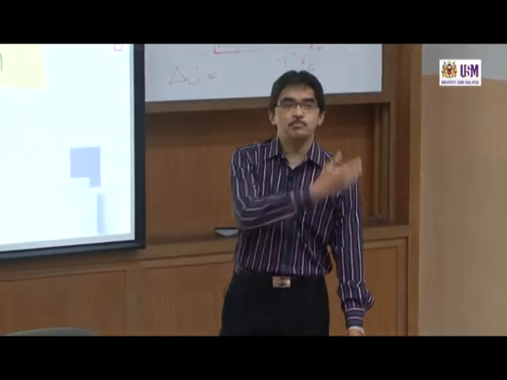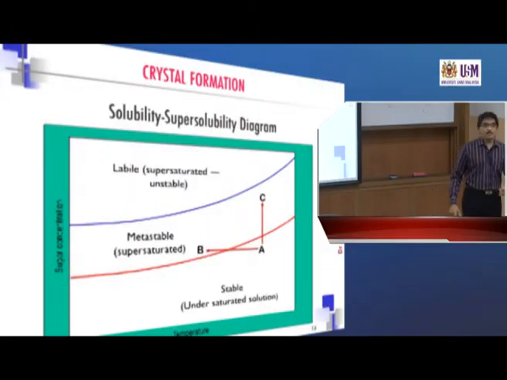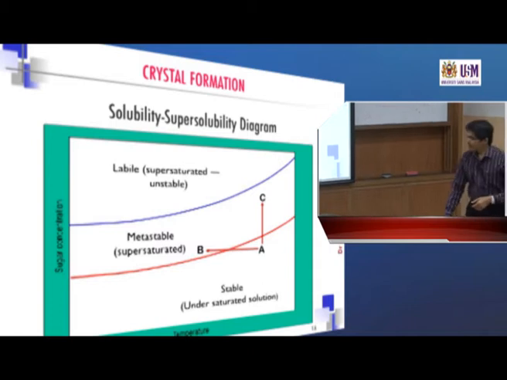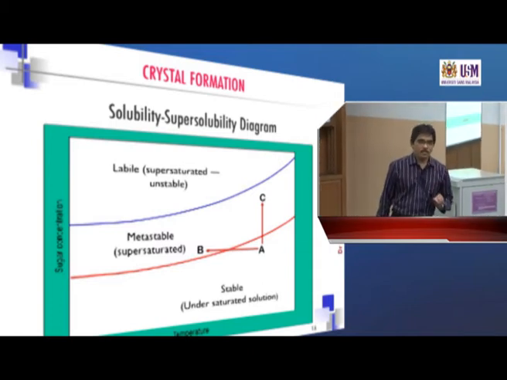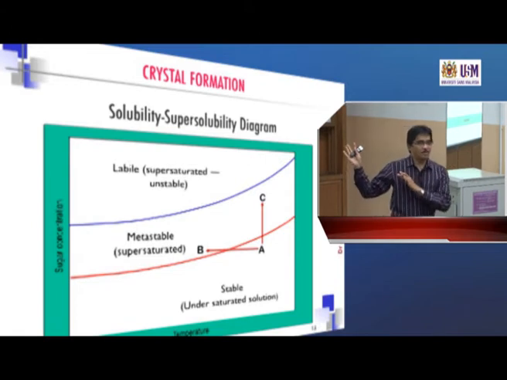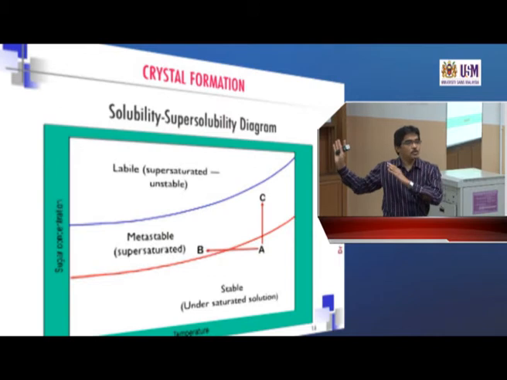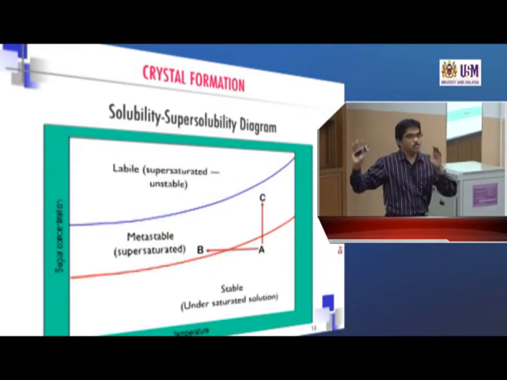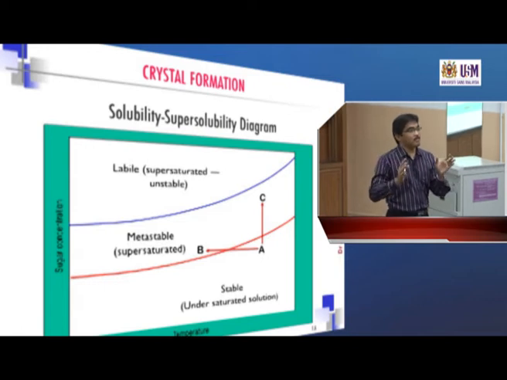These are the things that the following slides will explain, what I have explained here. So this is a magic curve. We call it a magic curve because when we talk about crystallization, in the industry they have this graph for their system. Different systems have their own solubility curve. If you are dealing with sucrose, you need the solubility curve for sucrose.